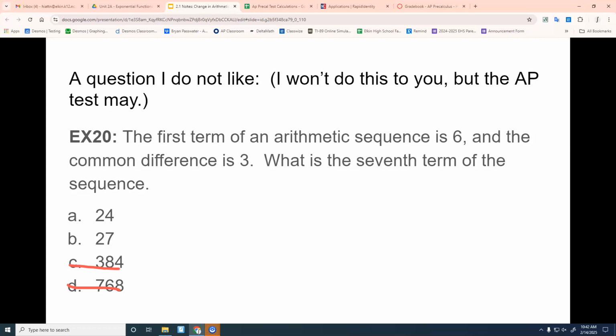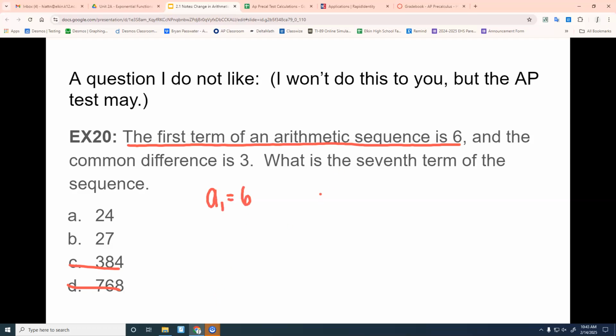I do not like this problem because I think the reason that we're getting different answers is the way you're interpreting this first part. The first term of an arithmetic sequence is 6, which should be A sub 1 equals 6.